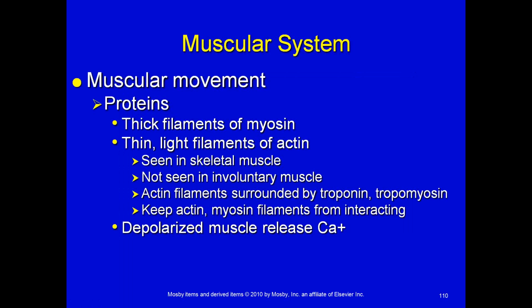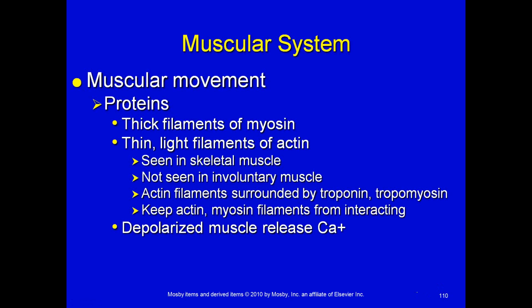When muscle is damaged, particularly heart muscle, one of the chemicals that is released by the damaged muscle is troponin, and we can measure that troponin with a blood test. Depolarized muscle cells also, in addition to changing the position of sodium and potassium, release calcium.